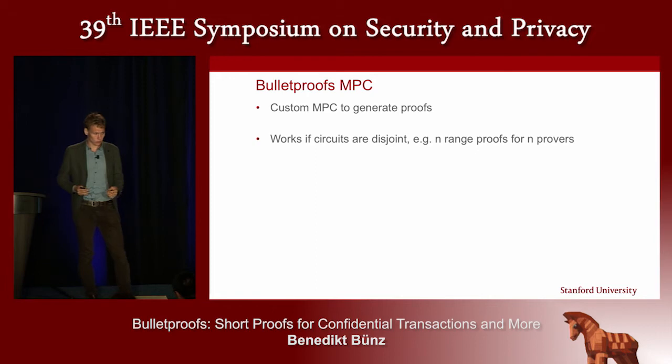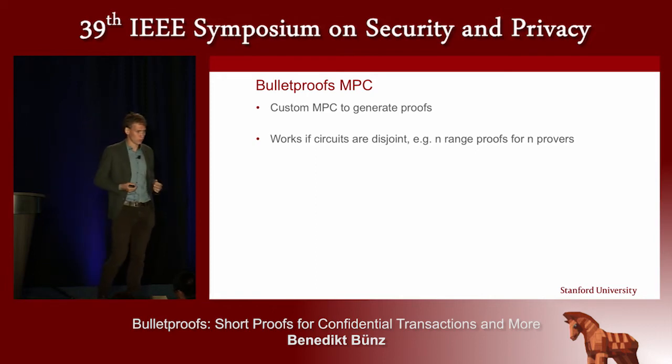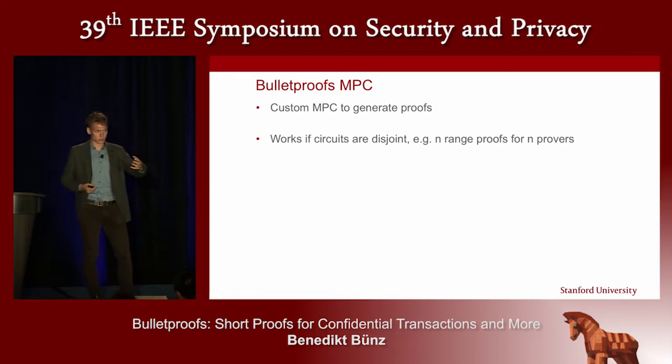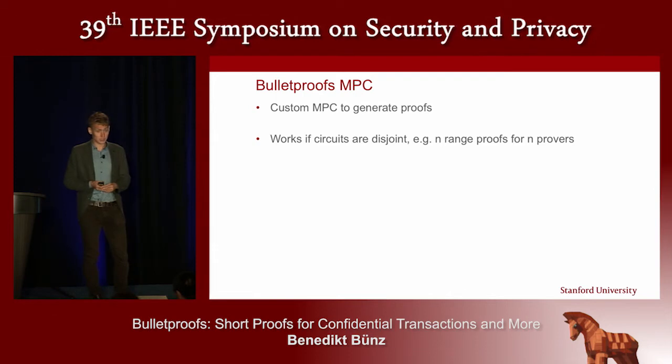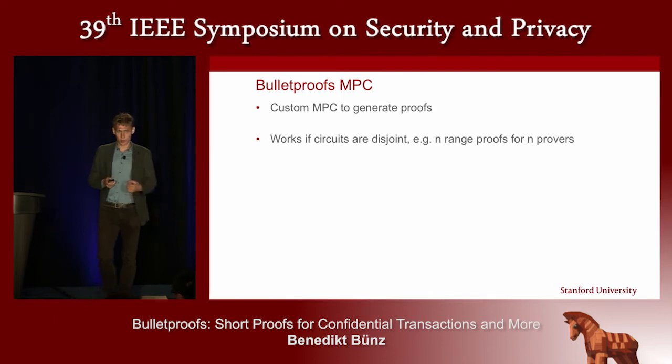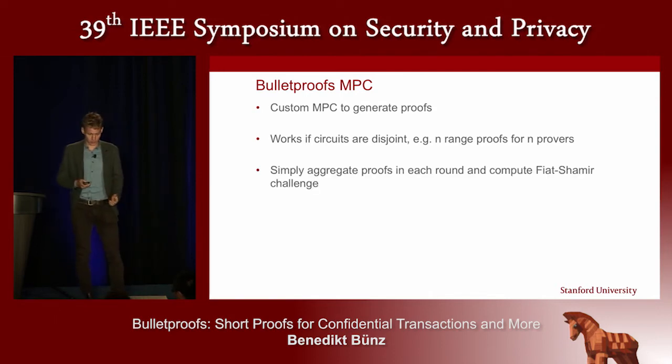This works if the statement is of the form that each party wants to prove something, and the overall statement is the conjunction of the individual party statements. So for example, for a range proof, if we have n range proofs for n provers, then they can use this MPC to create one single proof. And here again, the logarithmic scaling of the proof makes this a very worthwhile thing to do.